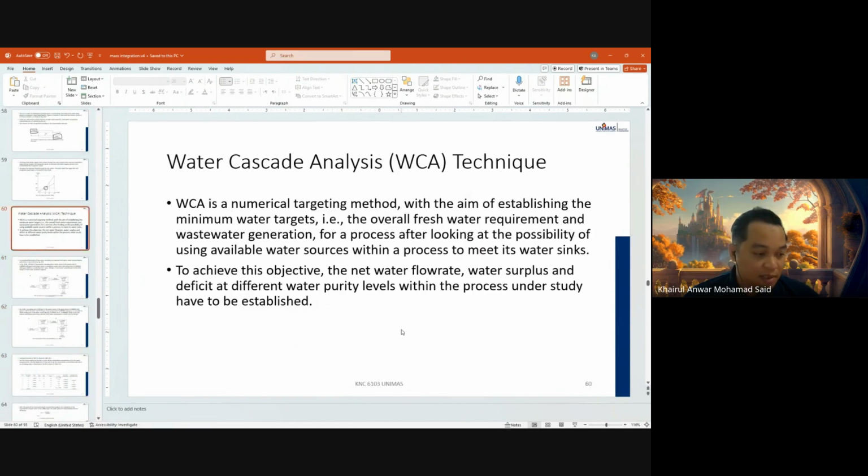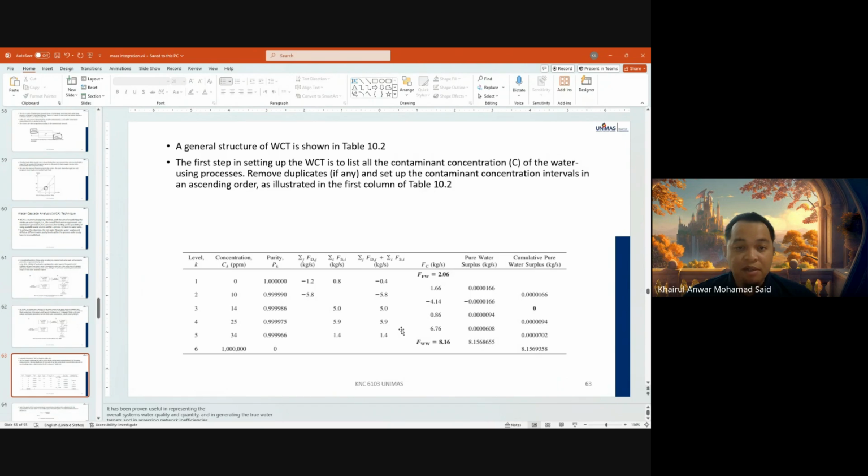First, establish the purity intervals. We arrange all limiting concentrations, inlet and outlet, in ascending order, regardless of inlet or outlet.